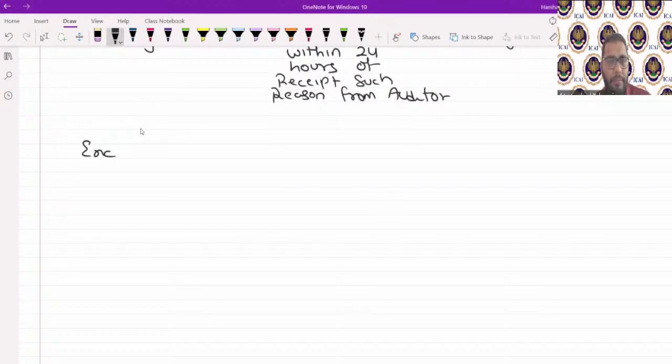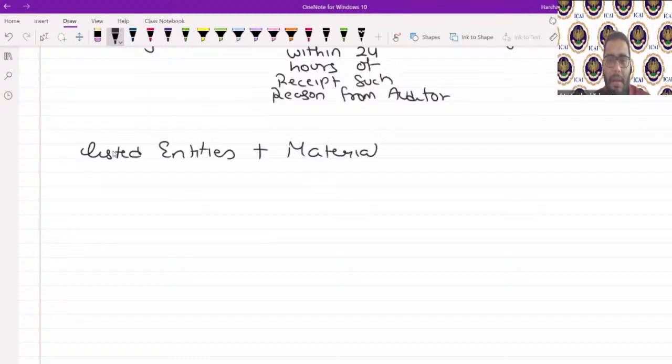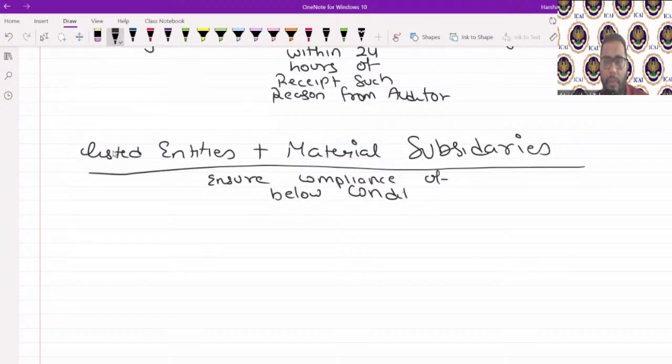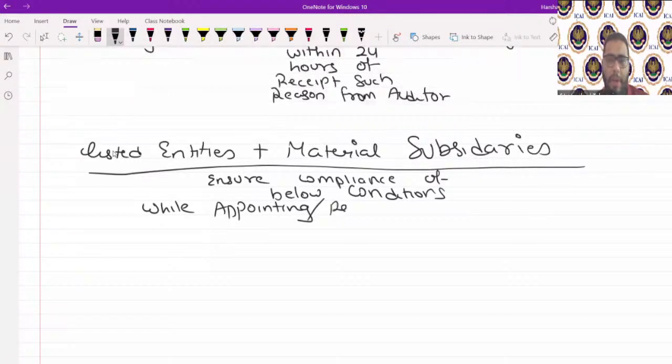Each and every listed entity plus material subsidiaries are required to ensure compliance of the below conditions while appointing or reappointing an auditor.